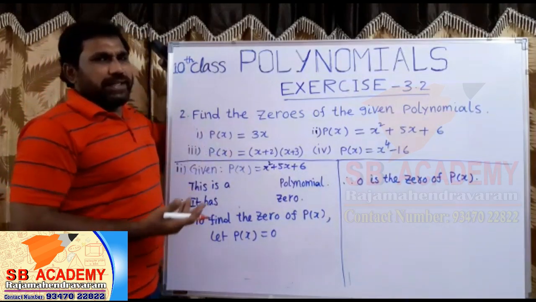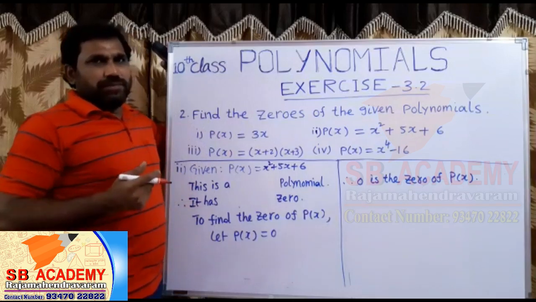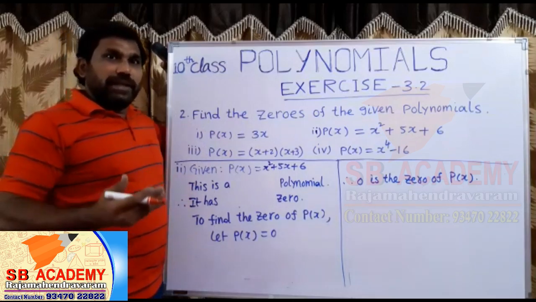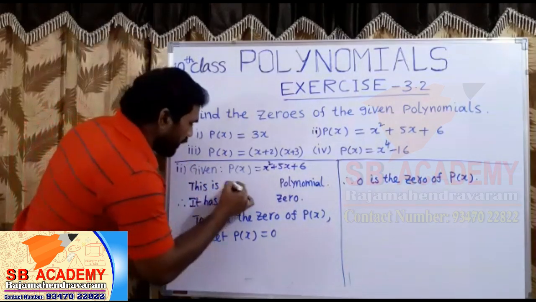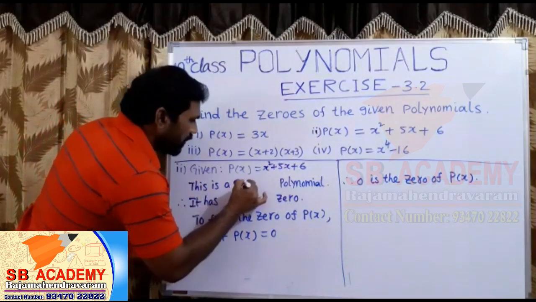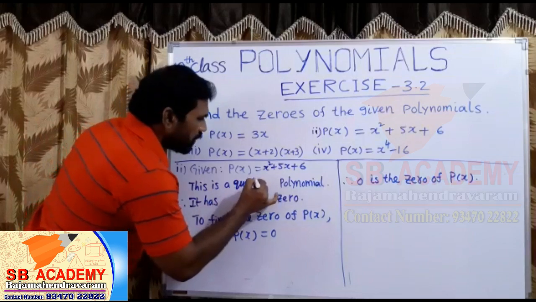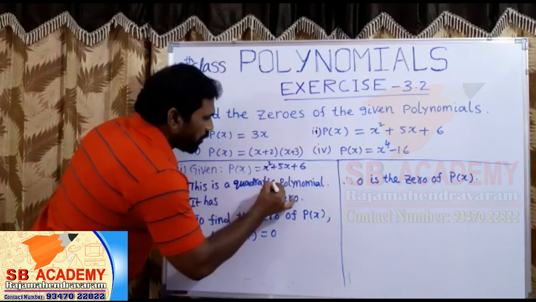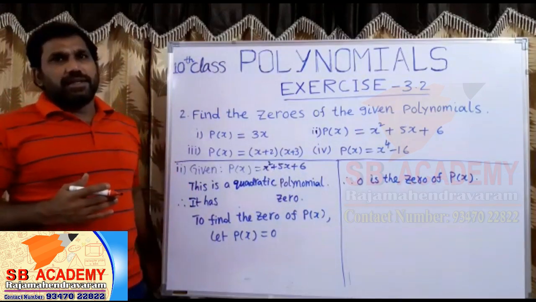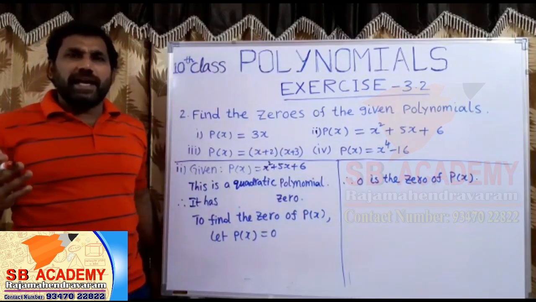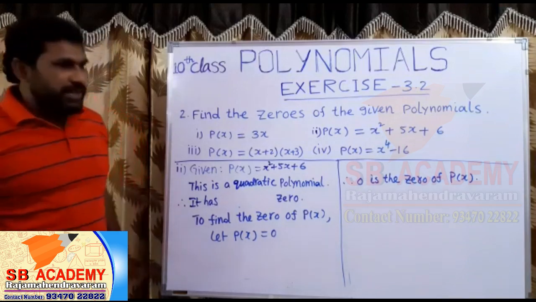So that's why the degree of the polynomial is 2. If the degree of the polynomial is 2, then it is called a quadratic polynomial. So this is a quadratic polynomial.